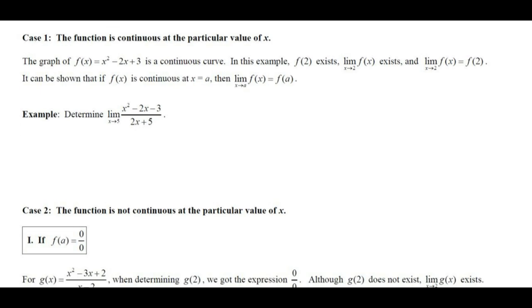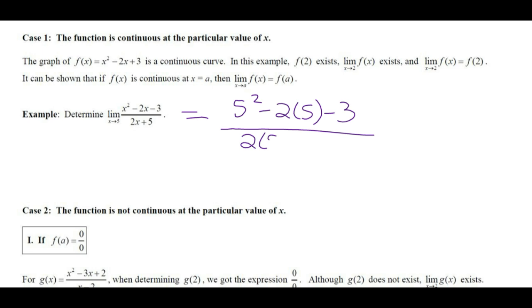So example, determine the limit as x approaches 5. So what are we going to do? Well, we're just going to throw in a 5 and see what happens, right? That's equal to 5 squared minus 2 times 5 minus 3 over... I don't see any initial problems, because I'm not going to get a 0 down here.